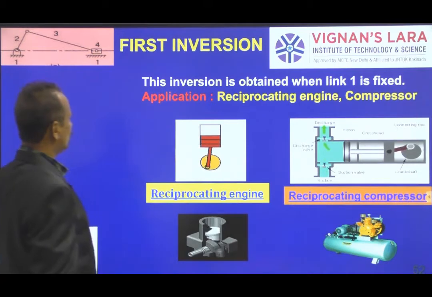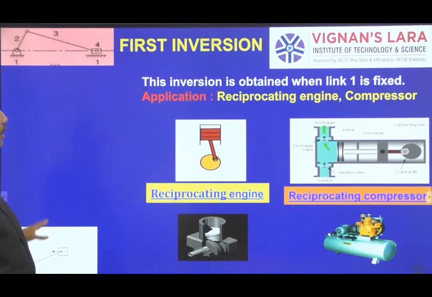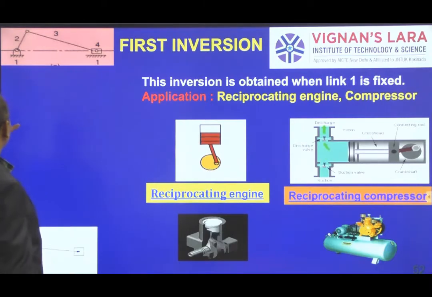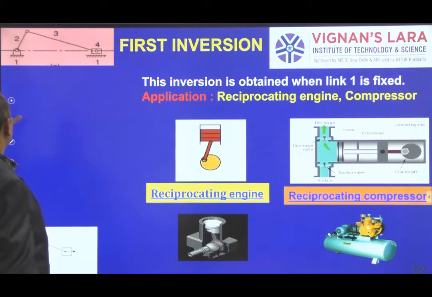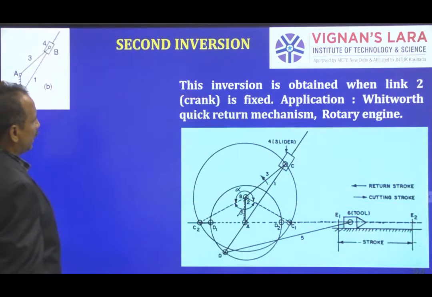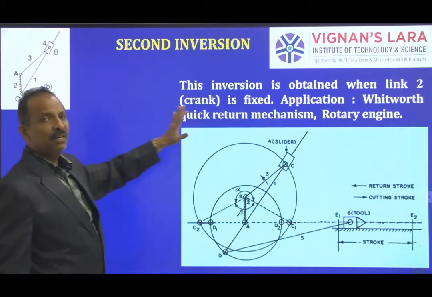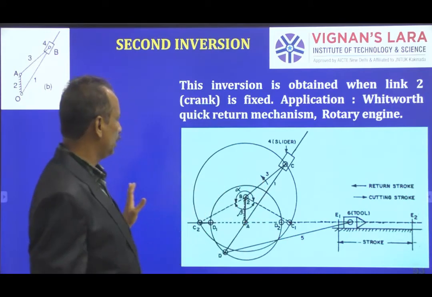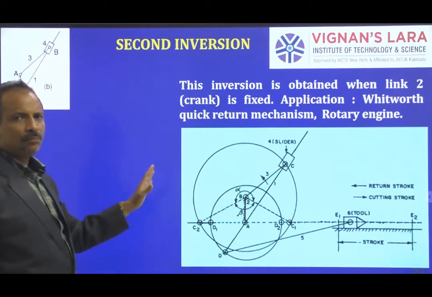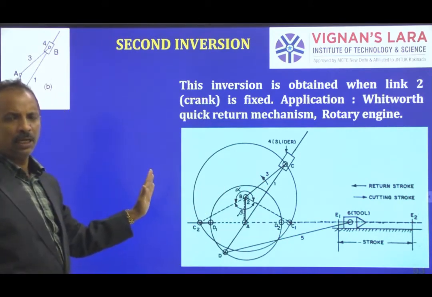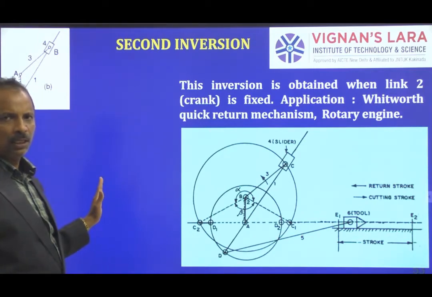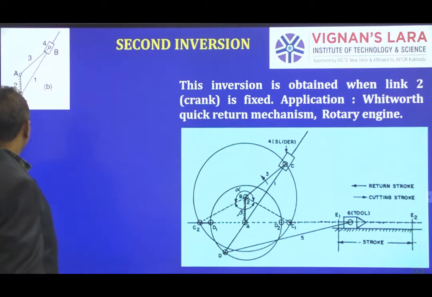Then we have gone through the second inversion, a quick return motion mechanism named the Whitworth quick return motion mechanism, where the forward stroke is completed in more time and the return stroke is completed in less time. So that is one example.